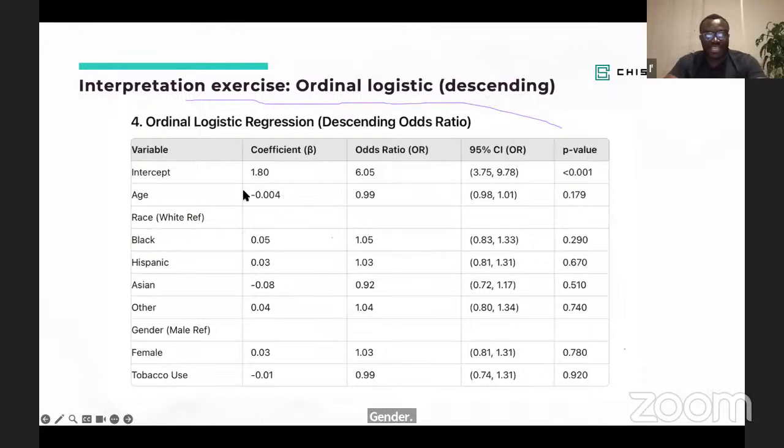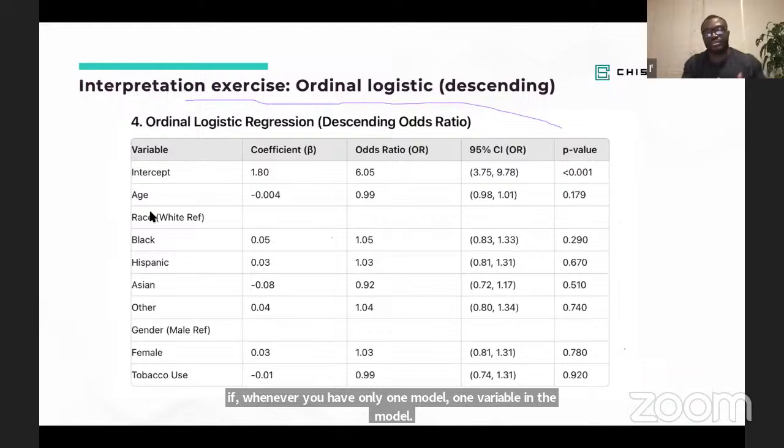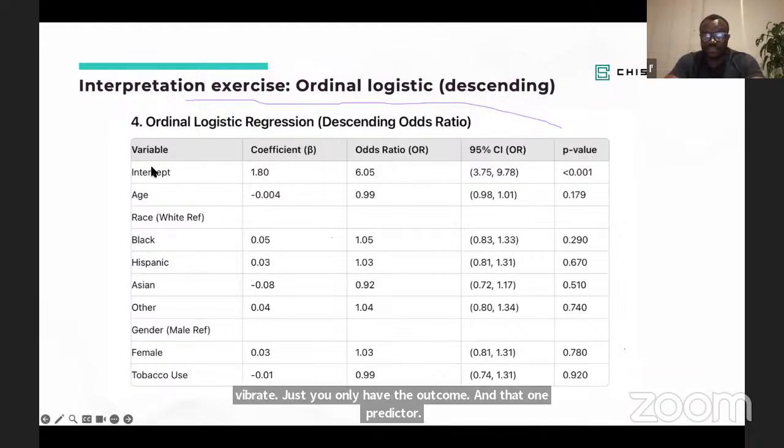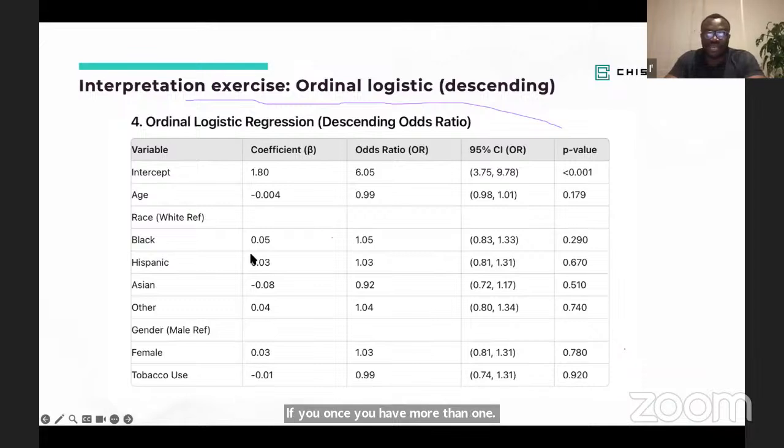If you only had age, that would be an unadjusted model because there's only one variable in the model. Whenever you have only one variable in the model, it's crude or unadjusted because it's just bivariate. You only have the outcome and that one predictor. Once you have more than one predictor variable in the model, that means it's adjusted. Does that make sense to you?